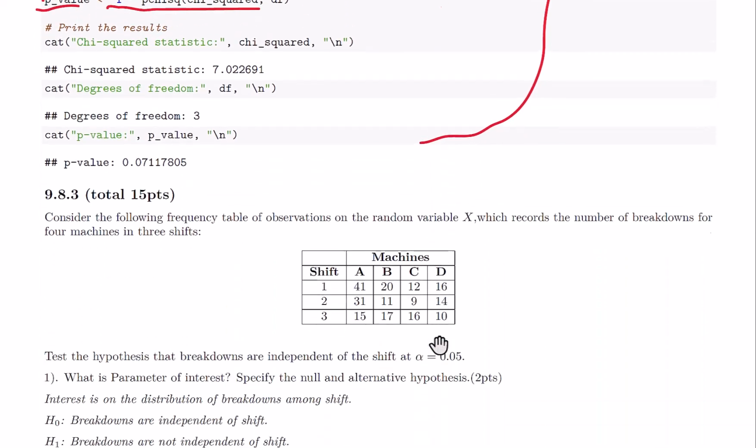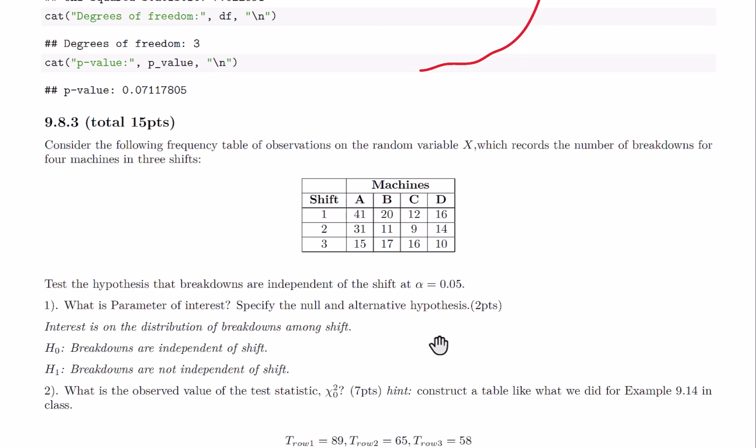All right. Now let's take a look at question 9.83. This is about, these are very informative, section 9.8. So it's about the independence of these two criteria of the same variable. Basically it says those numbers are the observed number of breakdowns for the machines.